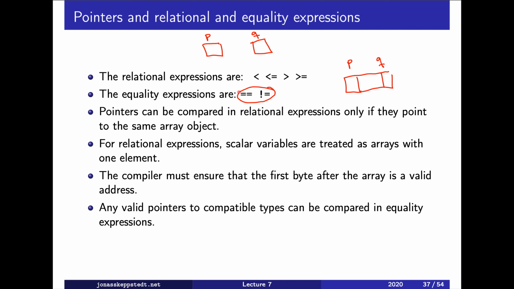Both are called equality operators and expressions. But we are not allowed to compare like this. That means UB, which means undefined behavior. So that is not allowed. And typically we don't want to do that either. Why would we?